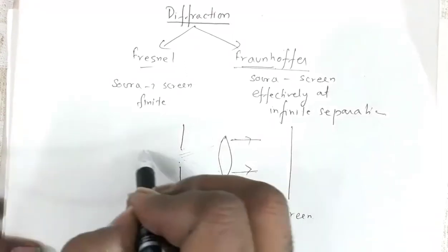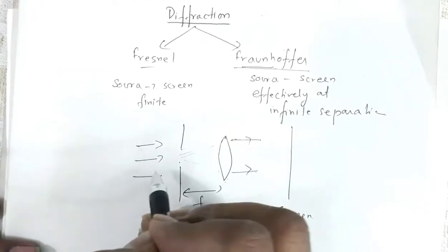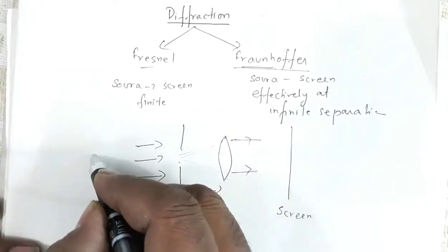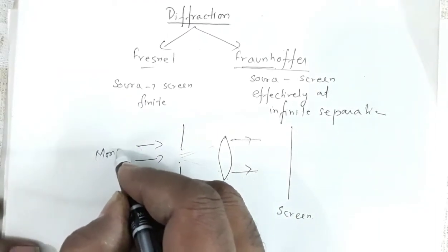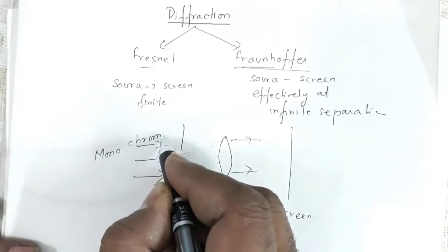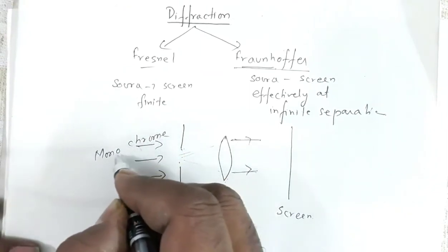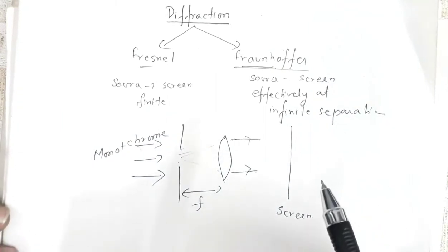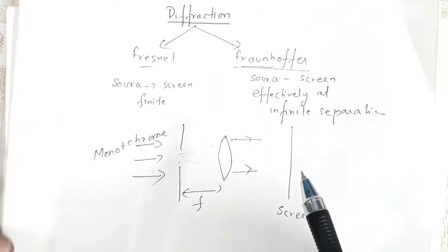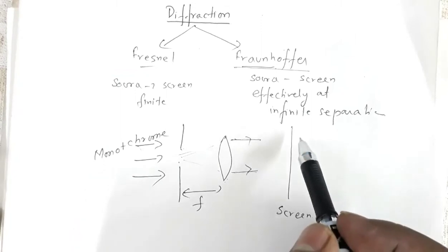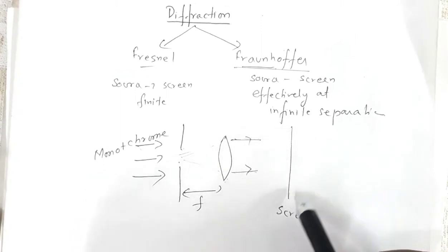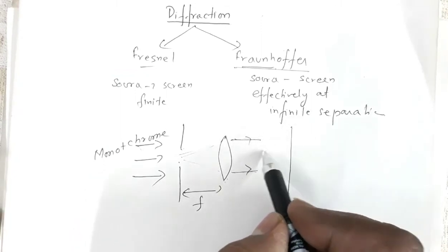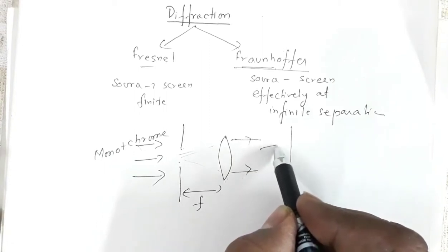Now the light we use here is monochromatic light. Mono means single, chrome means color. So monochromatic light means light of single wavelength, and on the screen we get a central maxima.